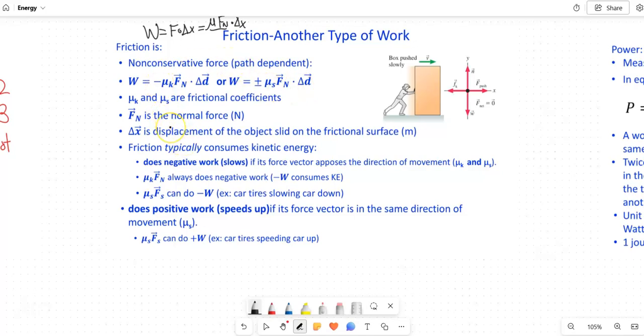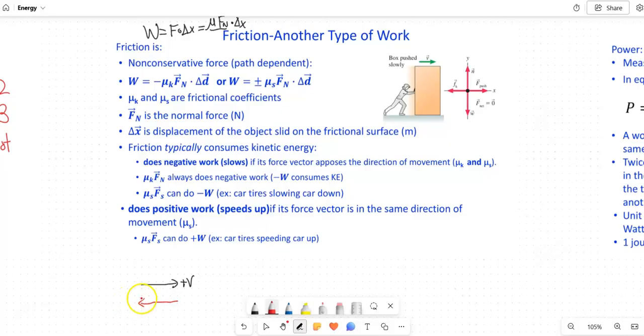Now there's two ways to look at this. Kinetic friction will always consume kinetic energy. If an object is moving to the right, if an object has a positive velocity vector, kinetic friction works opposite that.